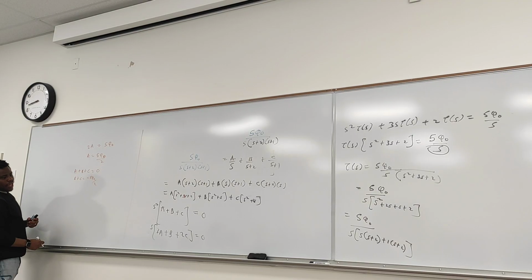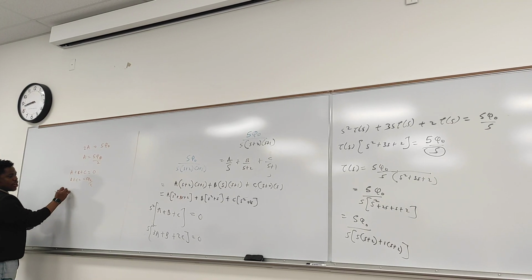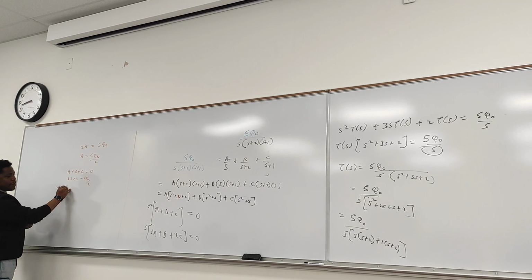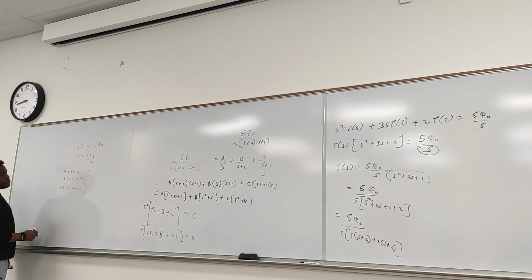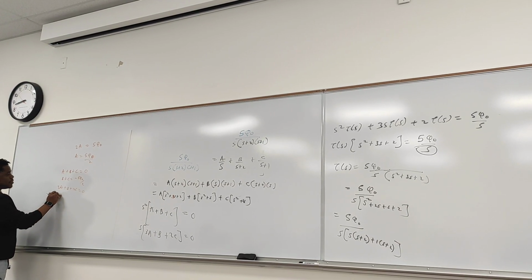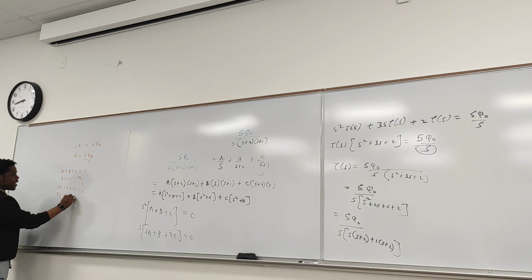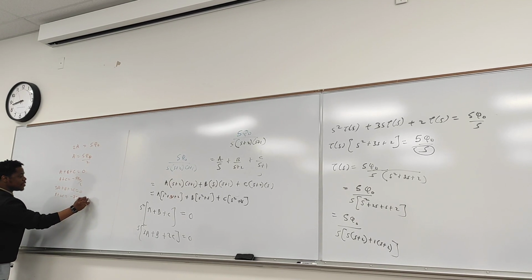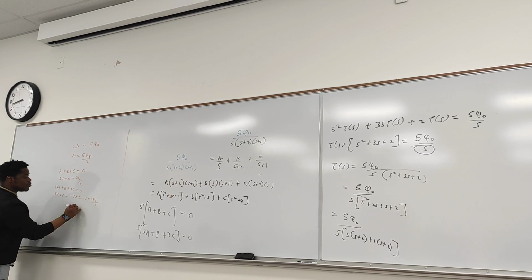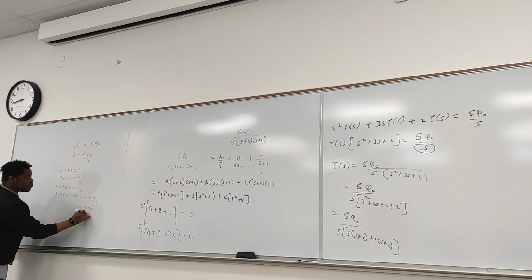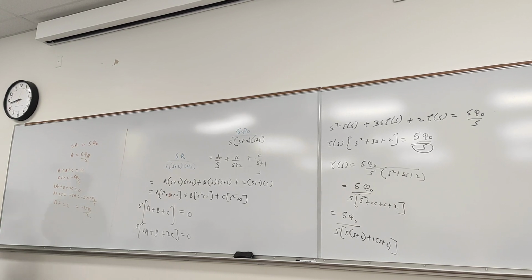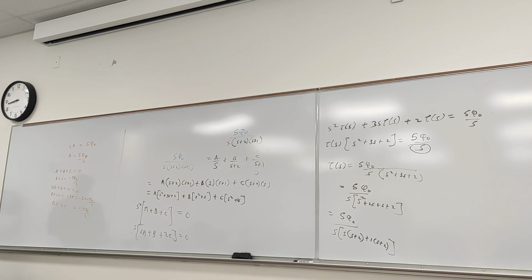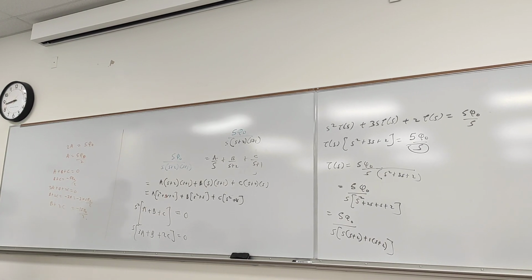And we also know that 3A plus B plus 2C is 0. B plus 2C would be minus 3A, which is minus 3 times 5Q naught over 2. That's minus 15Q naught over 2. So B plus 2C is minus 15Q naught over 2.